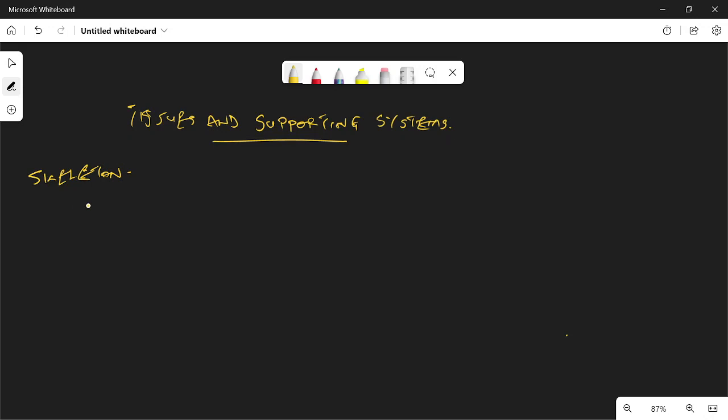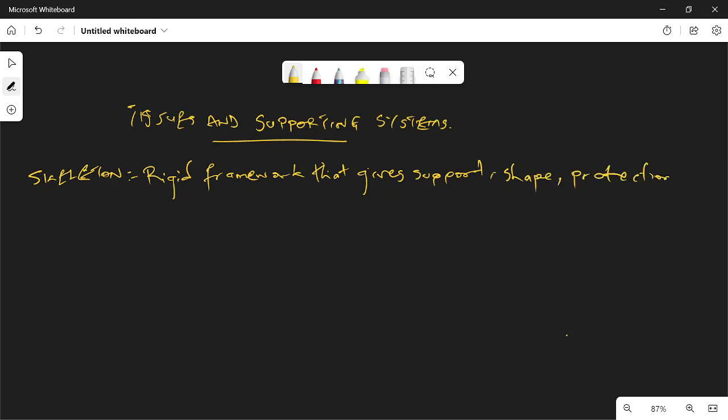We said that skeleton is the rigid framework that gives support, shape, and protection to organs of the organism.